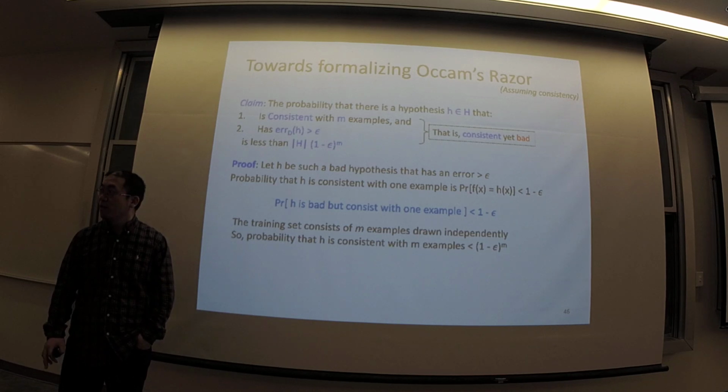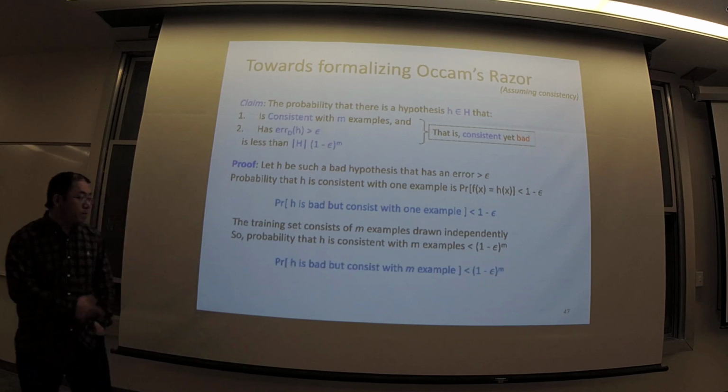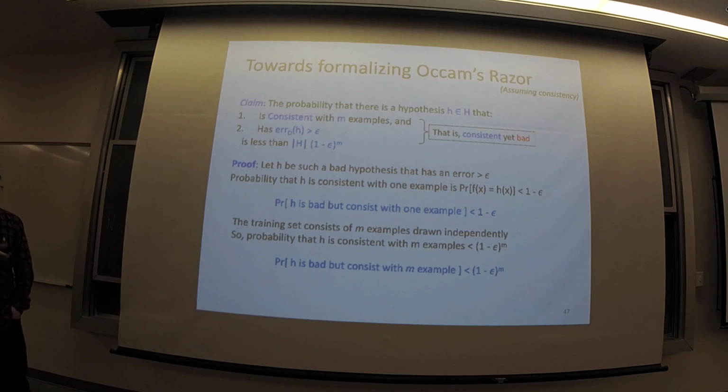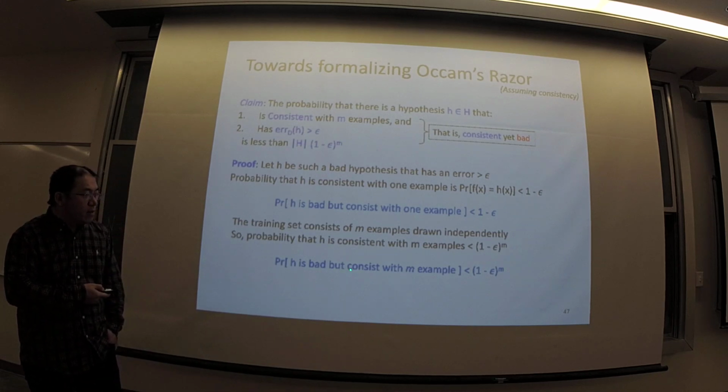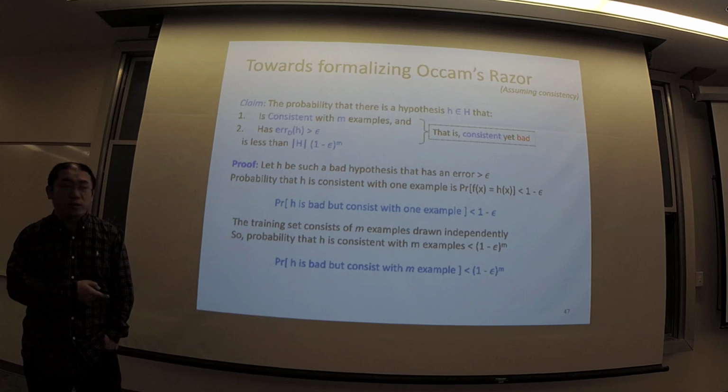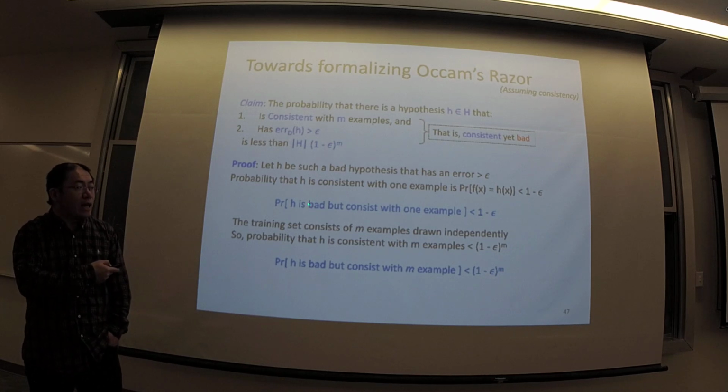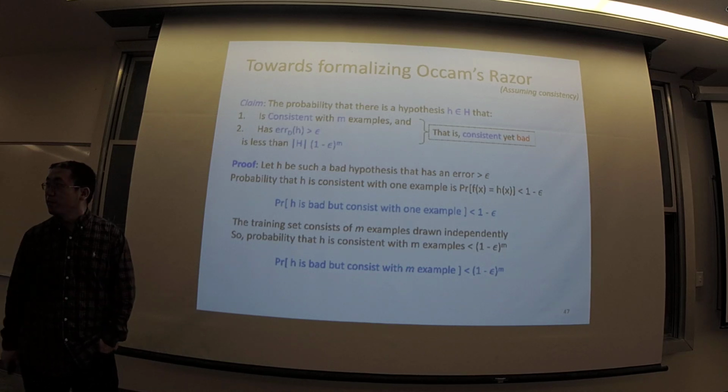Does it make sense? So we arrive at a second conclusion that the probability that hypothesis H is bad but consistent with m examples is less than (1 minus epsilon) to the power of m. You just multiply the left-hand side m times, and the upper bound m times, and you get this.